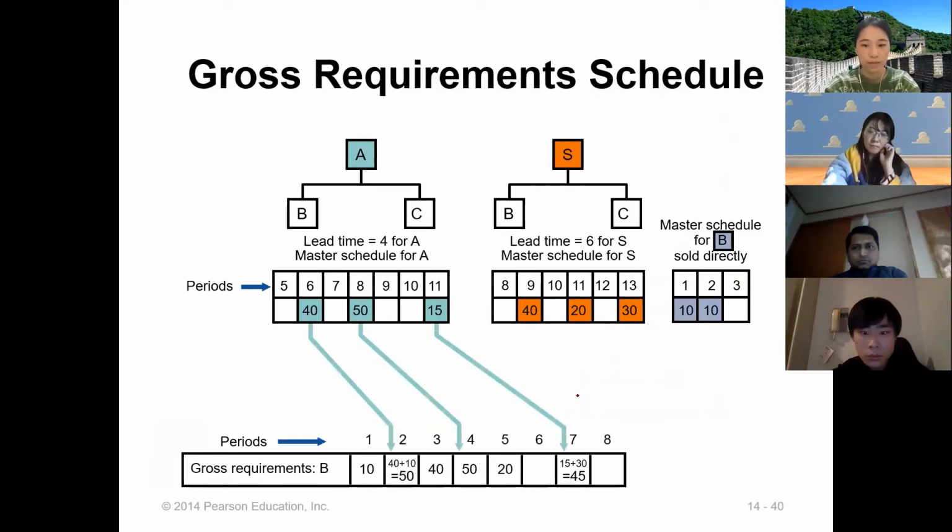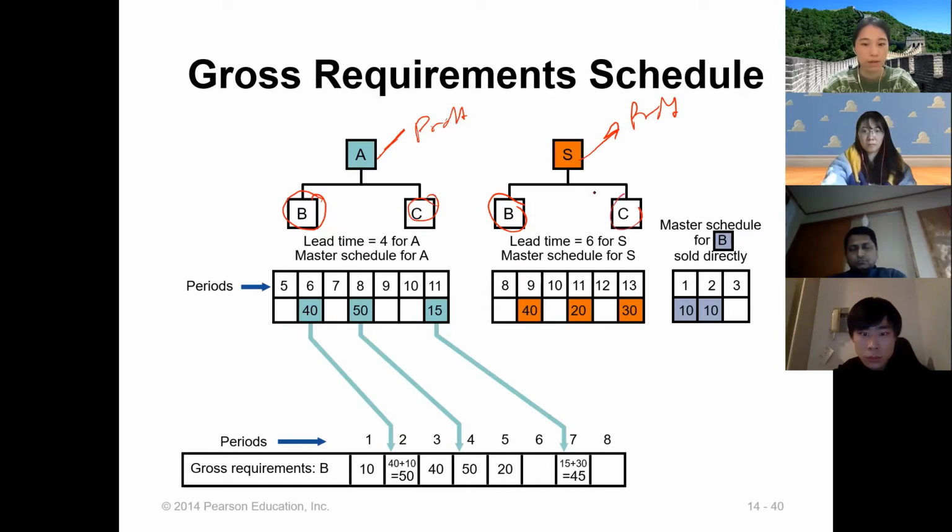So if, for example, now you have 2 different products, that's why you need to monitor. This is gross requirement schedule. There is product A, this is product S, different product, but components are similar.